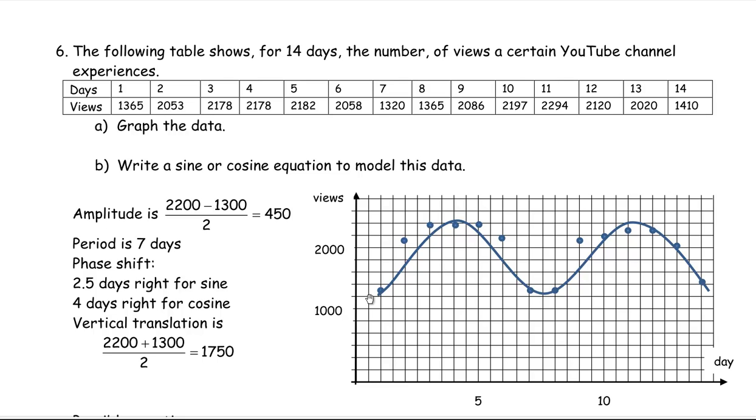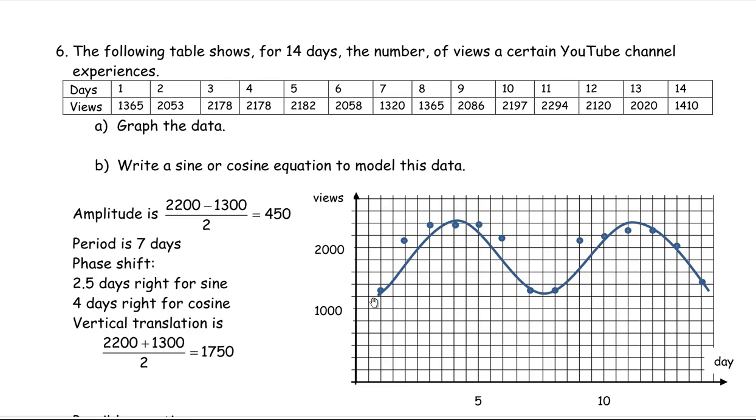for the function. So the amplitude is half the distance from a highest point to a lowest point. I'm just estimating. The highest points are around 2200. Now this one doesn't quite go to 2200, but these are getting pretty close. So I did 2200 minus, and the lowest are around 1300.